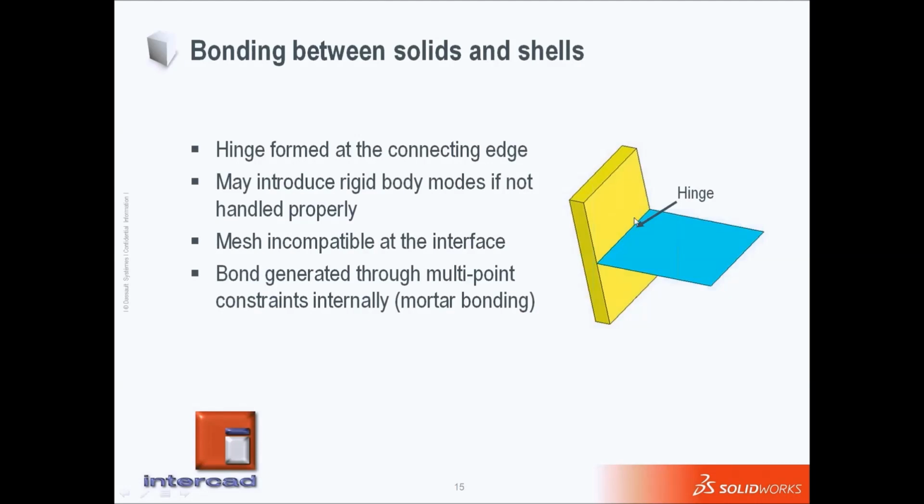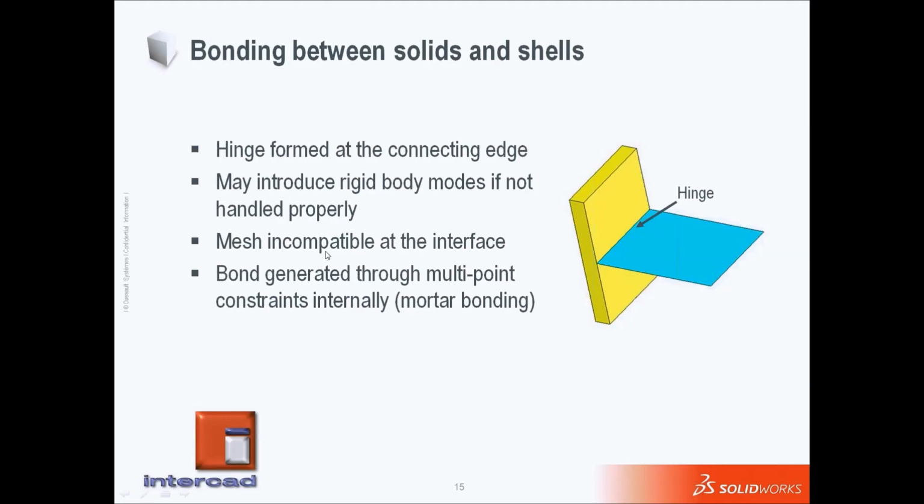It should be fully compatible, with the nodes attached to each other. Otherwise, we may introduce a rigid body mode if we don't handle this appropriately. So we always make sure we have a compatible mesh at the interface.